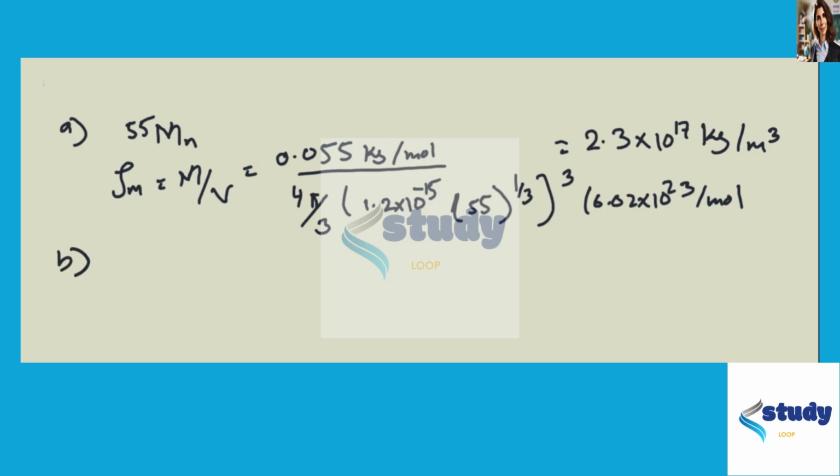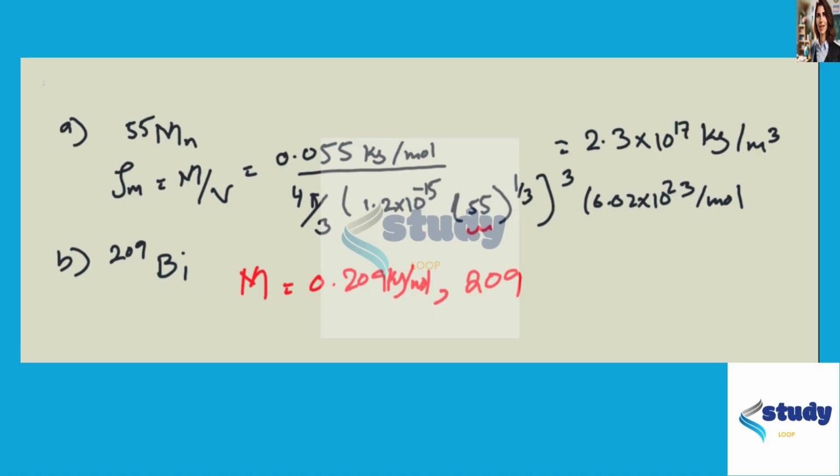For part B of the problem, we use the same procedure for Bi-209. We will only replace the value 55 with 209 in this case, and do exactly the same thing, only the m will change, which is 0.209 kg per mole.